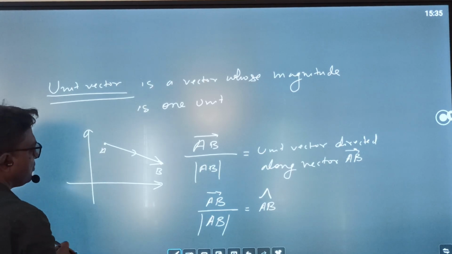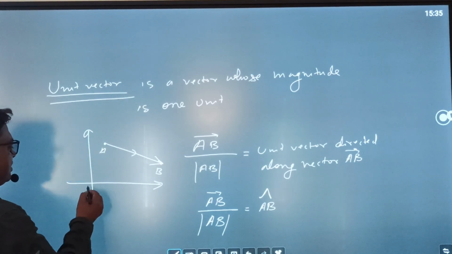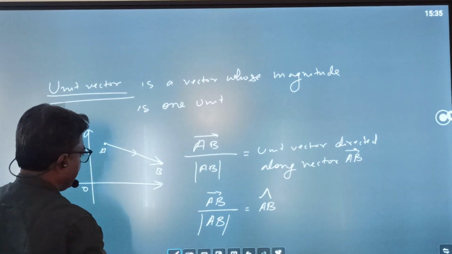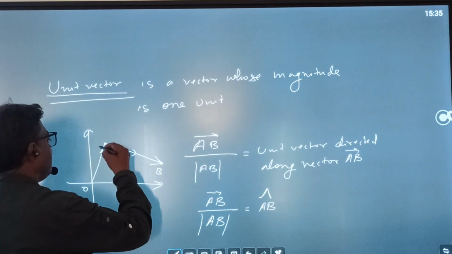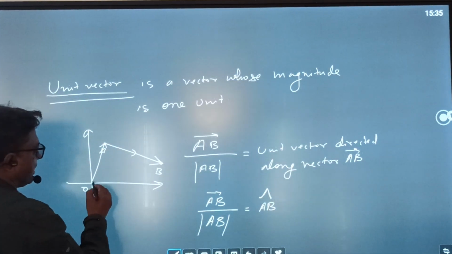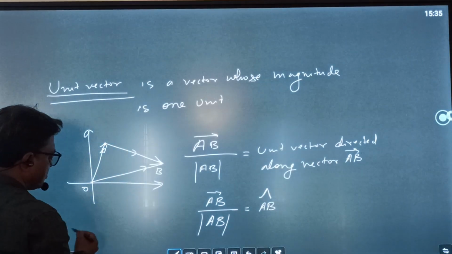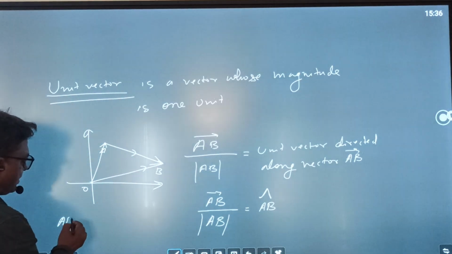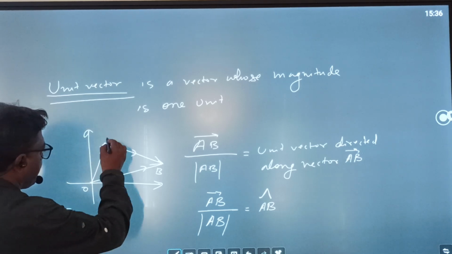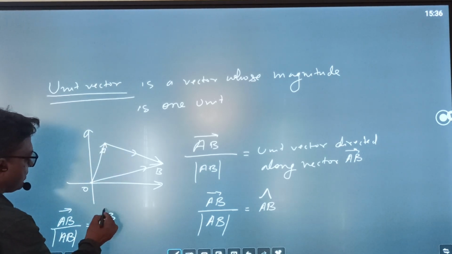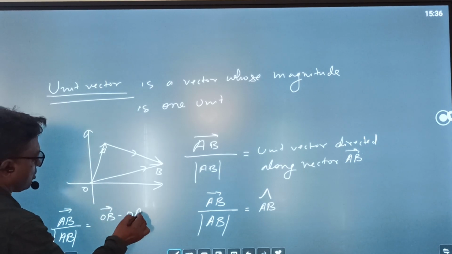now we can write in so many ways. See, if we consider this vector AB, now if I join origin to A and origin to B, so as I told you that vector AB can also be written like vector OB minus vector OA.